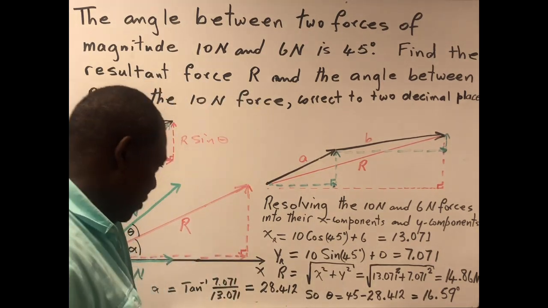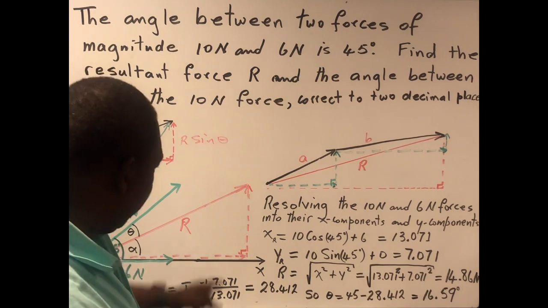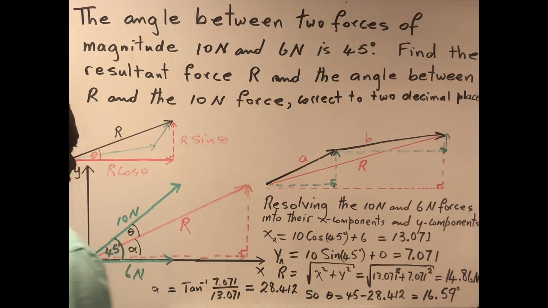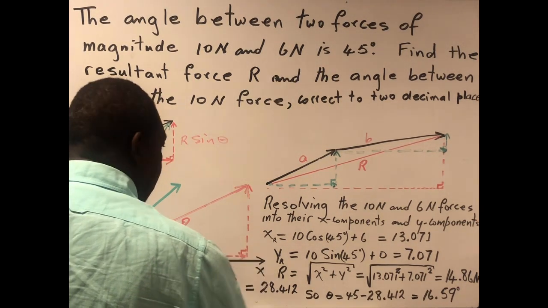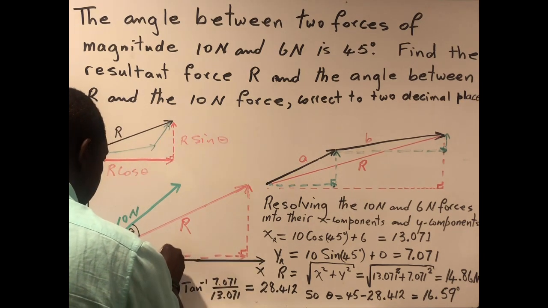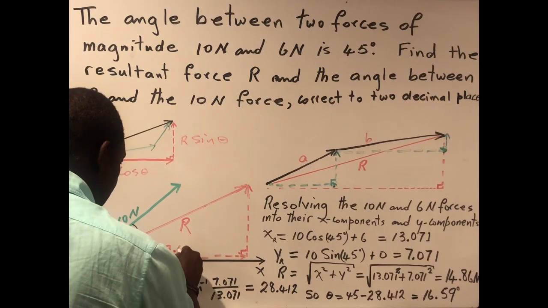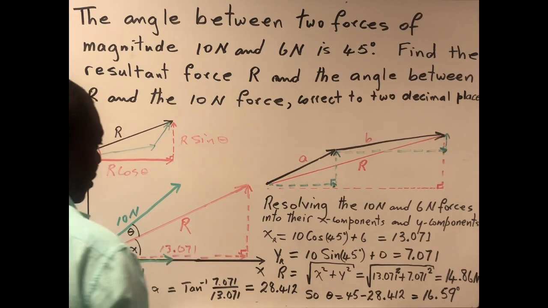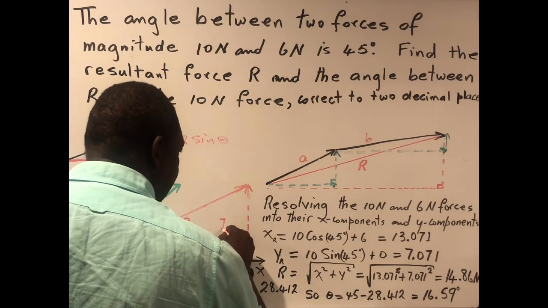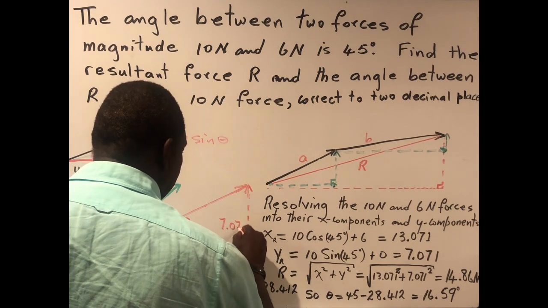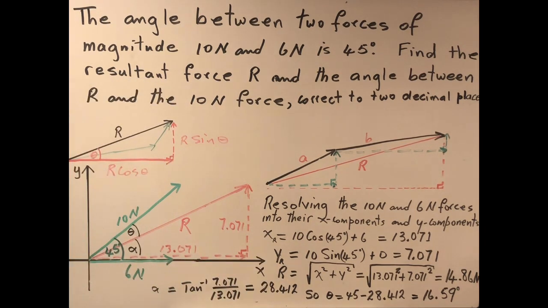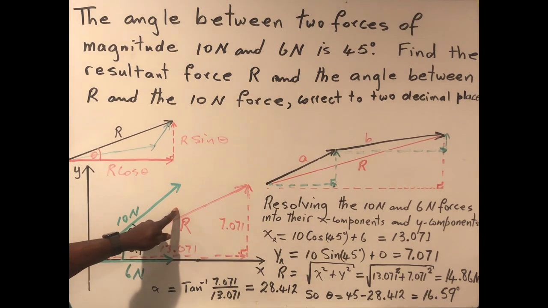7.071. And now that we have the x value being 13.071 and the y value being 7.071, we can now use the x and y values to determine the value of r.